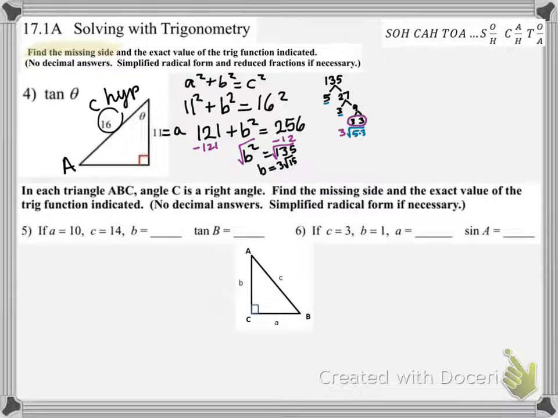That's lovely, but they're also asking us to find tangent theta. And I know that tangent deals with opposite over adjacent. If I go back to my triangle, the theta angle is right here, and the one opposite from theta is the one I just worked out, 3 square root 15.